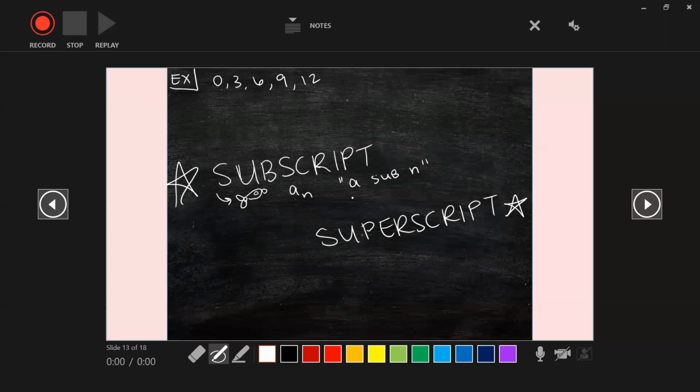Subscripts are used to name something. So this is a name. Now, superscript, you can think about Superman. Superscripts are above. So you can think of like n squared. And this has to do with a value. So this is like a number.